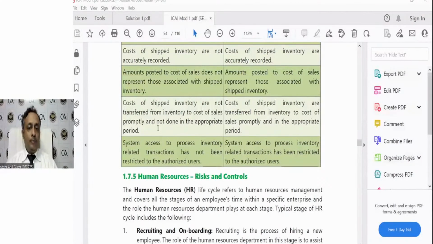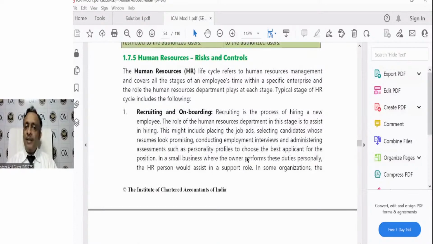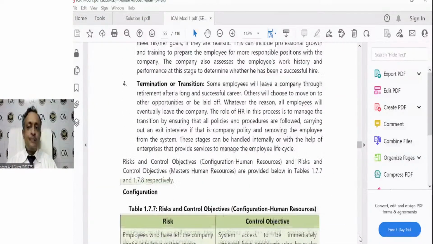Okay. Now, the key aspects that we wanted to talk about are done. This next is human resource risk and control. So I'm directly going to the table for that.